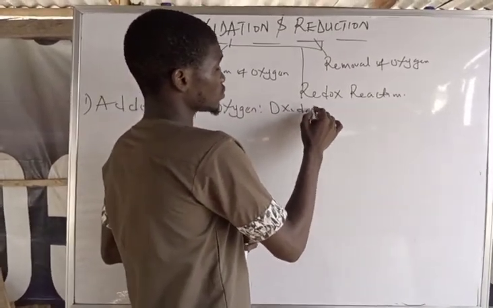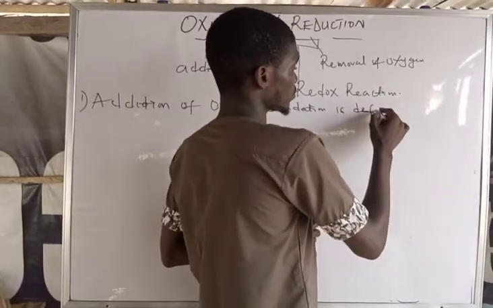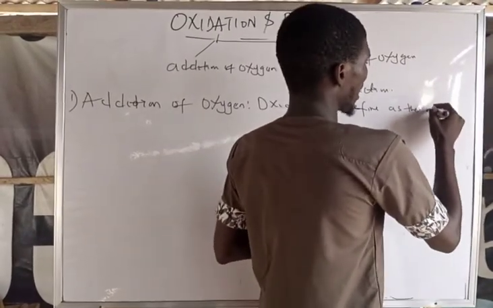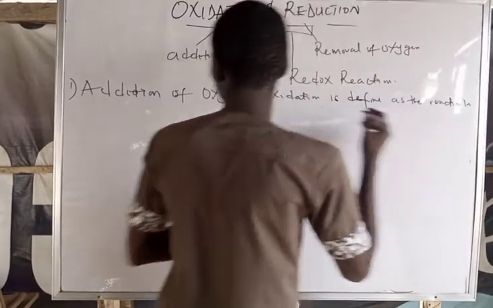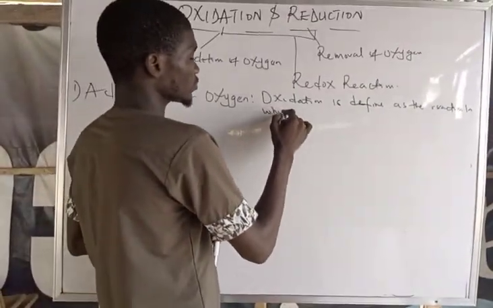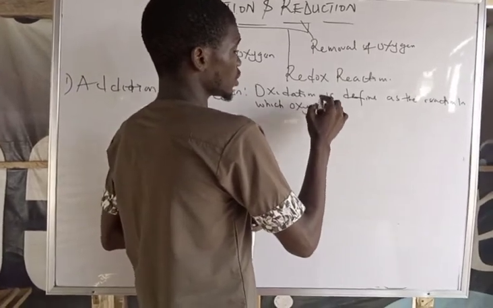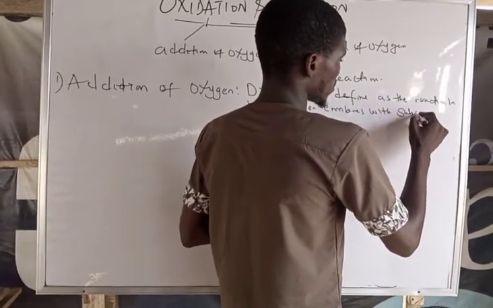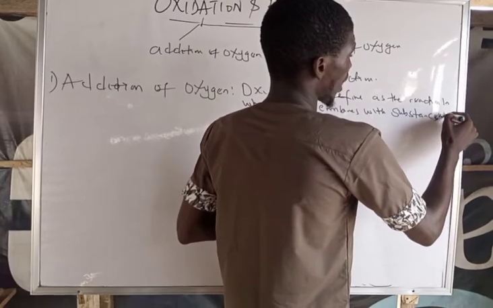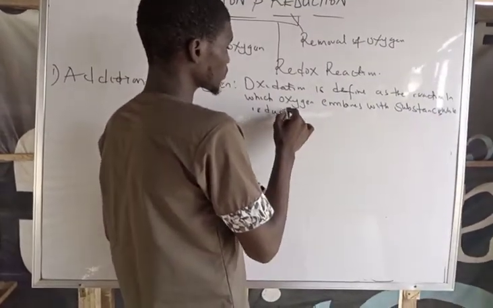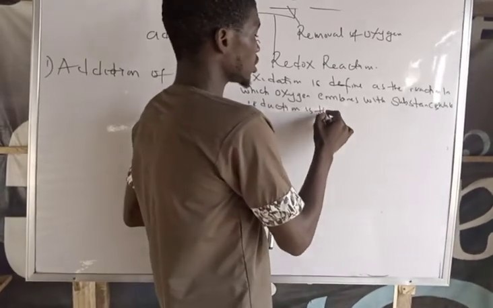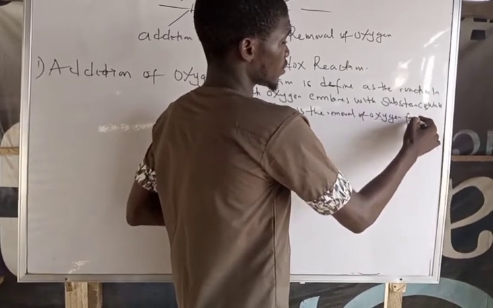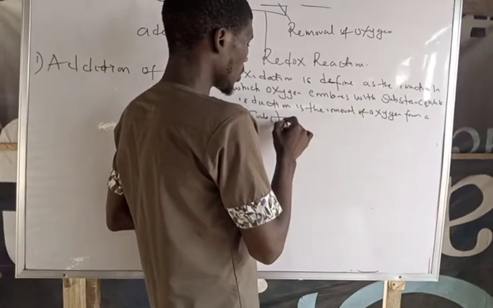Oxidation is defined as the reaction in which oxygen binds with a substance, while reduction is the removal of oxygen from a substance, or we call it a compound.